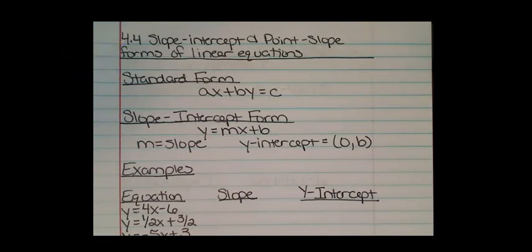The first thing on the page is the standard form, which you've seen before: ax plus by equals c. That's just the standard form of a line.